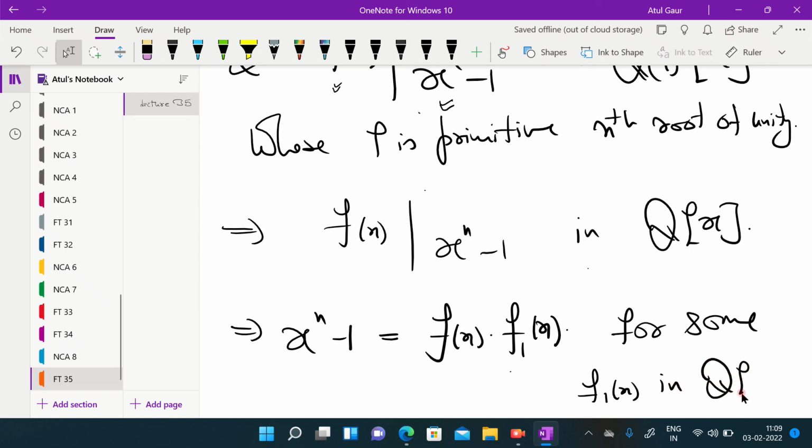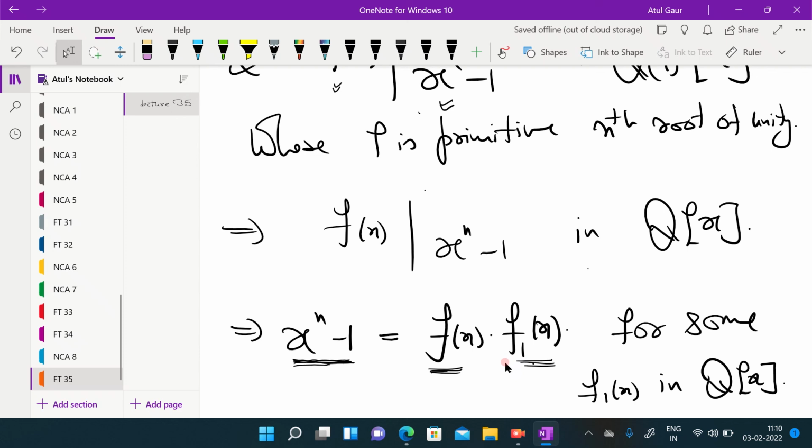Now what is happening? You have an element in zx, and you are factorizing it in qx, right? Both these elements are in qx. So you have an element in zx, you are factorizing in qx, and zx is inert in qx.